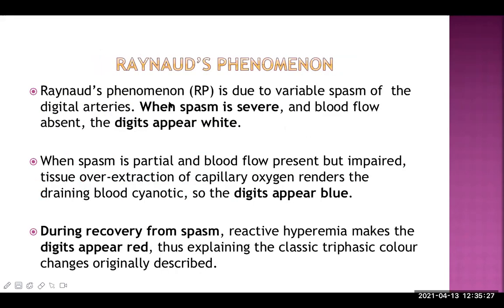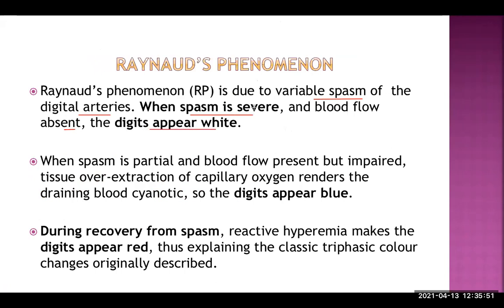Now, what is Raynaud phenomena? See here. I'm sure this is not a new term for you. Raynaud phenomena is due to variable spasm of the digital arteries, meaning arteries which are present in our fingers. When spasm is severe and blood flow is absent, the digits appear white.